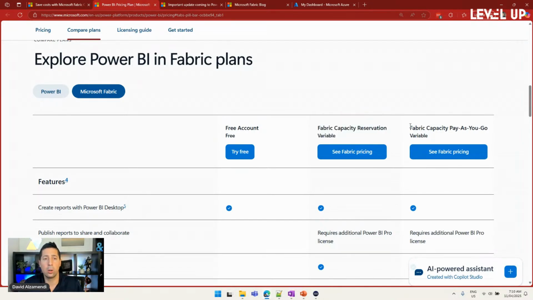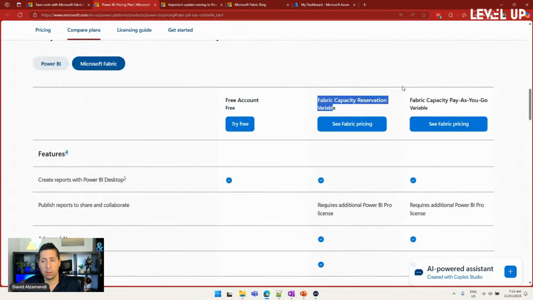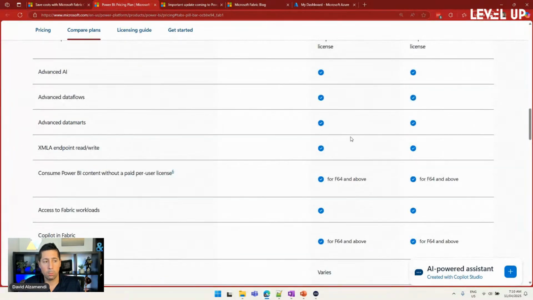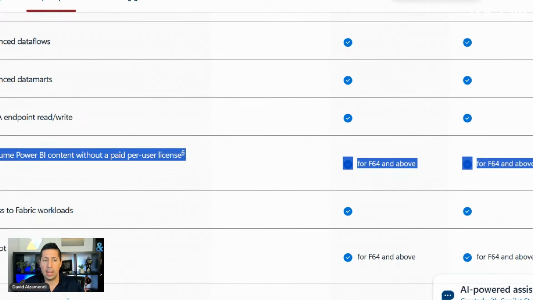When you look at the pay-as-you-go model and the reservation model, you will get a discount with the reservation. But before we move on, this is important for all of us. It means that any user who only wants to consume the reports, like view the reports, will get that for free if the SKU is F64 or higher.